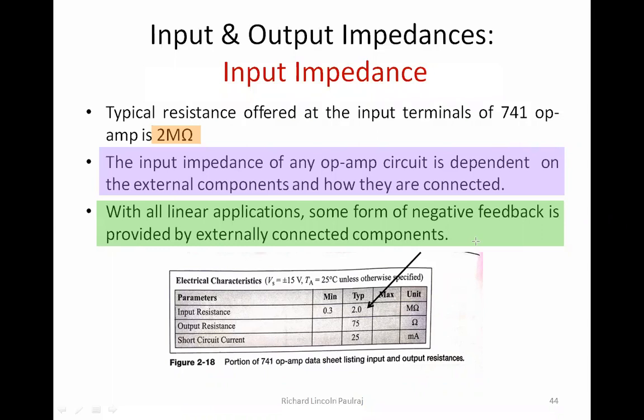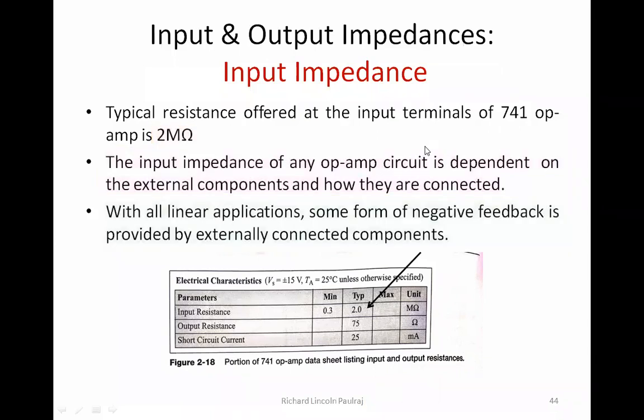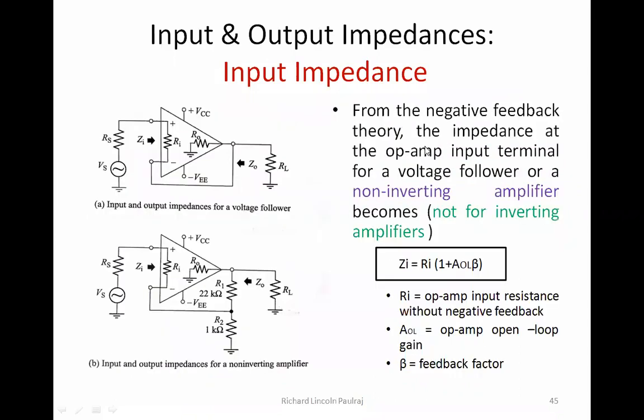So those are the components we are talking about. Fine. Now let us concentrate on the circuit here, and you will get to know how this input impedance is taken into consideration, right? Fine.